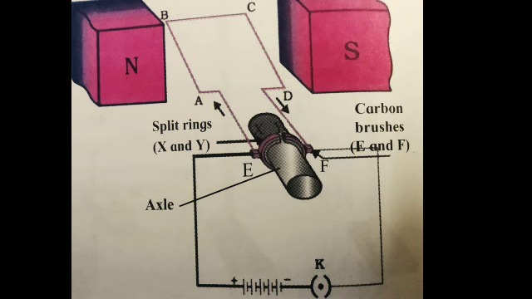Therefore, a force is exerted on the branch DC in the downward direction and on the branch BA in the upward direction, and the loop continues to rotate in the anticlockwise direction. Thus, the current in the loop is reversed after each half rotation, and the loop and the axle continue to rotate in the anticlockwise direction.